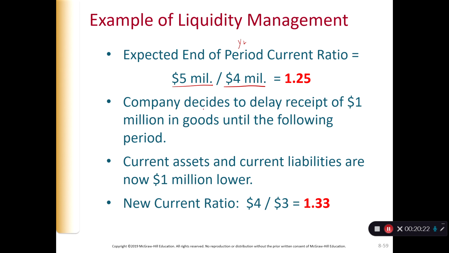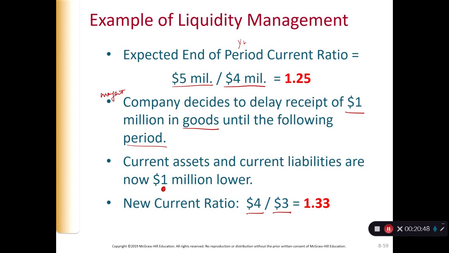And the company decides to delay receipt of $1 million in goods until the following year. So the management wants to manage the liquidity ratio by delaying receipt of $1 million of inventory until next year. By doing that, the current asset and current liability are both reduced by 1 million. Hence, 5 minus 1 is 4, and 4 minus 1 is 3.